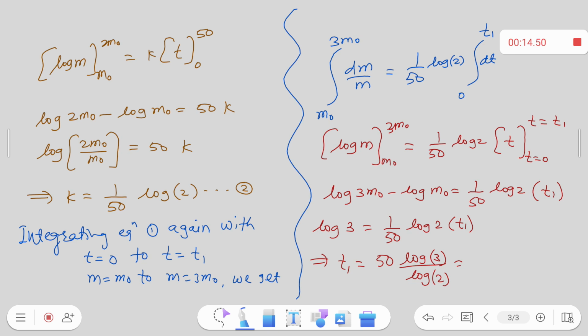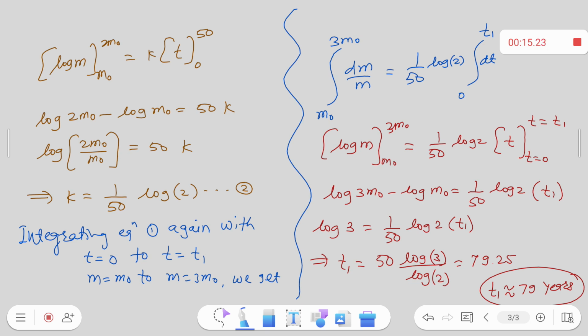This gives the total number of years when the population will triple. So how many years? 79.25, which means approximately 79 years. So 79 years will it take to triple the population.